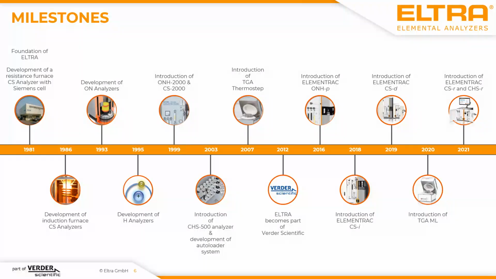And since 2012, ELTRA is part of Verder Scientific. After this time, we started developing the Elementrac series, which is called Elementrac 1HP or Elementrac CSi, which looks a little bit more modern than the gray units we maybe had before. And of course, we are still developing new analyzers, and please visit our homepage and our webinars to see what we will have in the future.